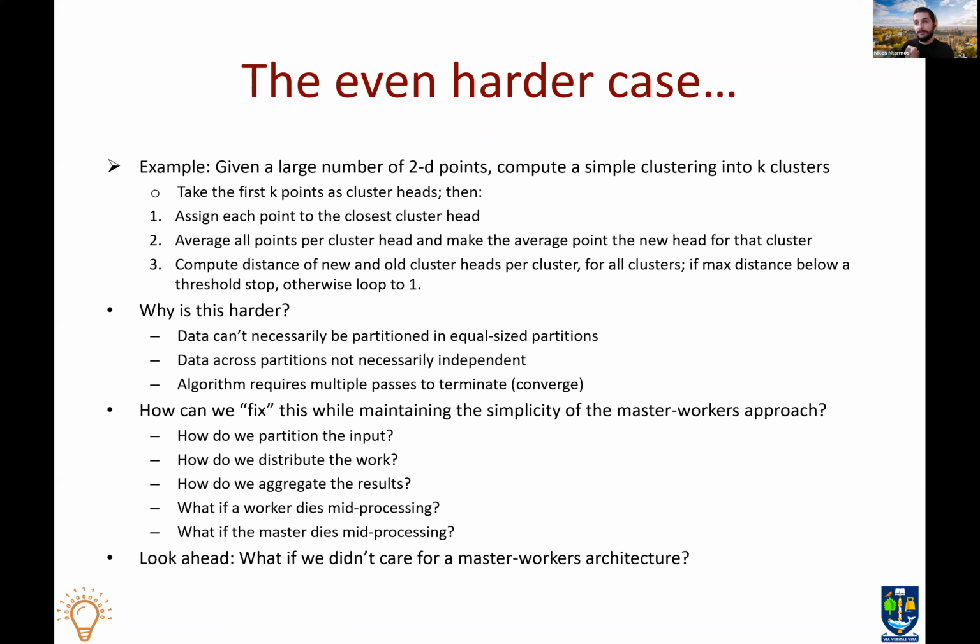We do have a master and a number of workers. We will discuss masterless architectures in the future when we go over Dynamo and Cassandra. But for now, assume there is a master, but think what would happen or how the discussion would change if there was no master.